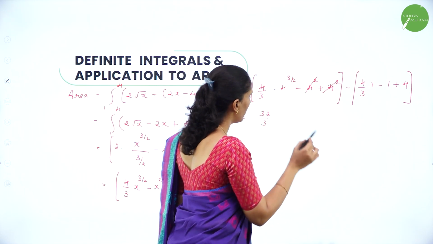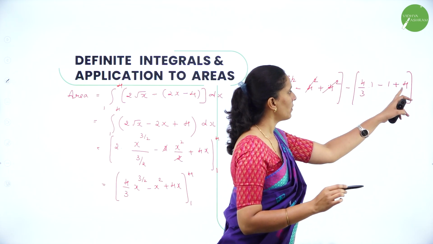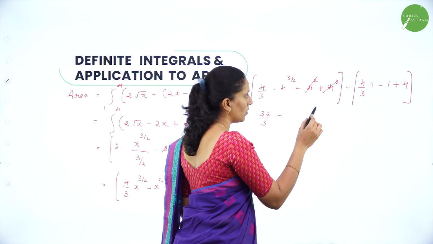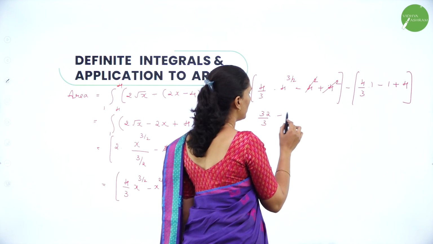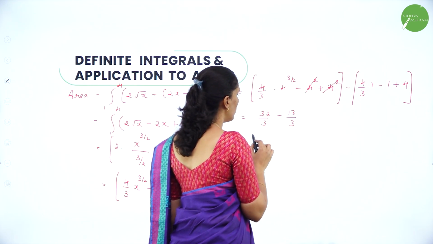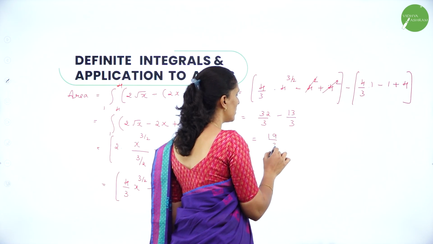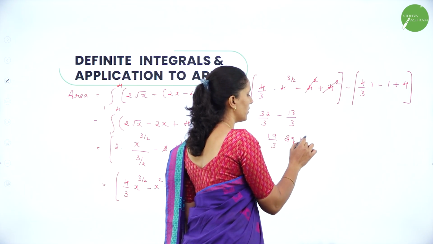And the second limit, we are left with minus 1 plus 4, 3. So, we will get the fraction 13 by 3. On solving this, we will get this as 19 by 3 square units.